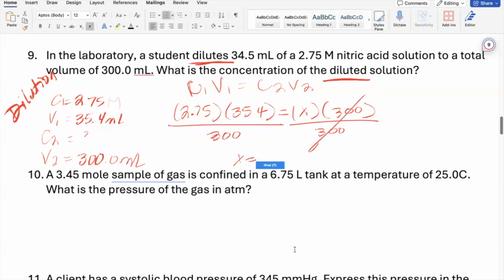So X is 2.75 times 35.4 divided by 300. It's supposed to be 34.5. Oh, yeah, I mixed the numbers. Thank you. Okay, let's try that again.